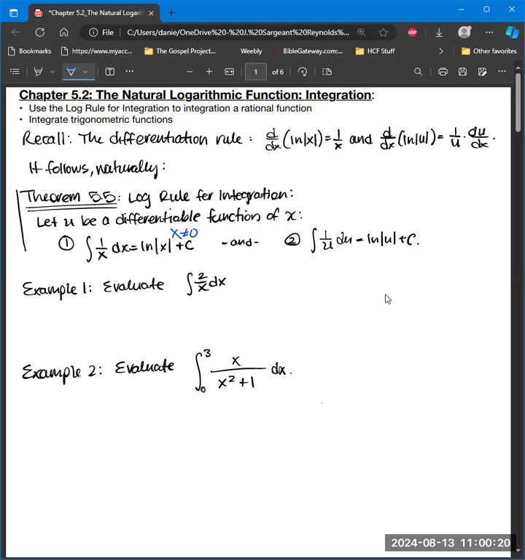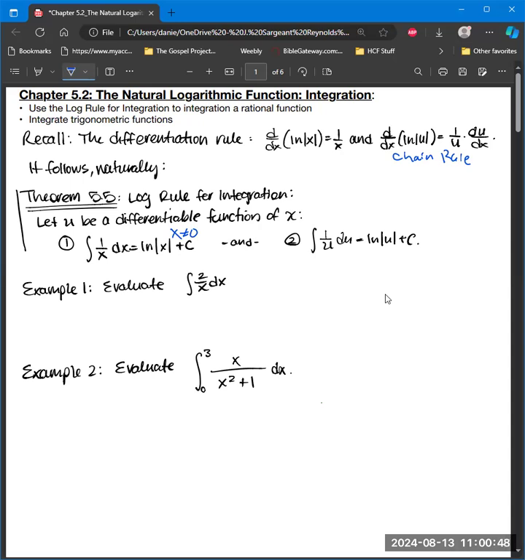Also, the derivative of ln of the absolute value of u will be 1 over u times du/dx because of the chain rule. So it's going to follow, if we take the antiderivative of both sides, that the integral of 1 over u du is going to be equal to ln of the absolute value of u plus c.